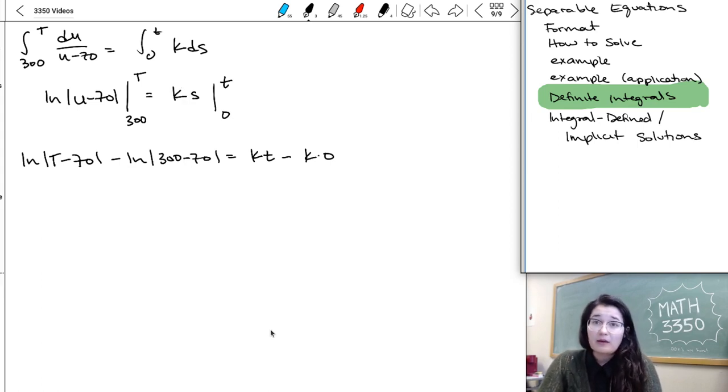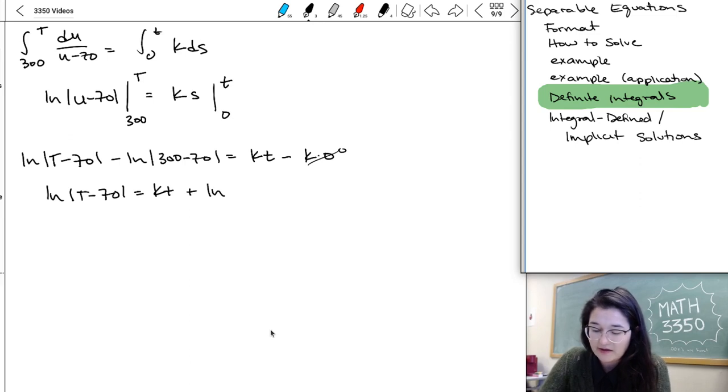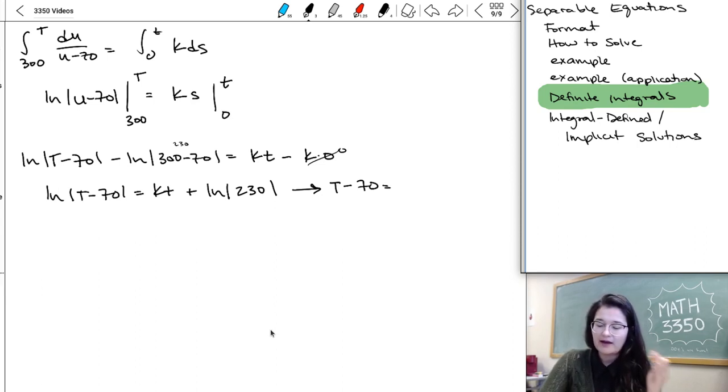And I'd like to solve for that big T, so I'm going to have to rearrange things a little bit. I've got natural log of T minus 70 is equal to kt. This goes to 0. And then I can move this natural log of 300 minus 70 to the other side. That's actually 300 minus 70 is 230, so I just went ahead and plugged that in right there. And then if I apply the exponential to both sides, I'm going to get T minus 70 on the left.